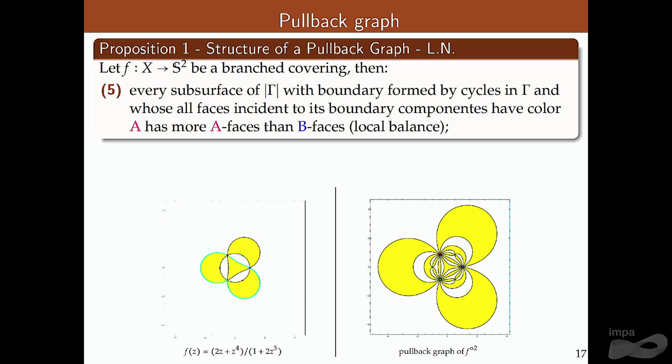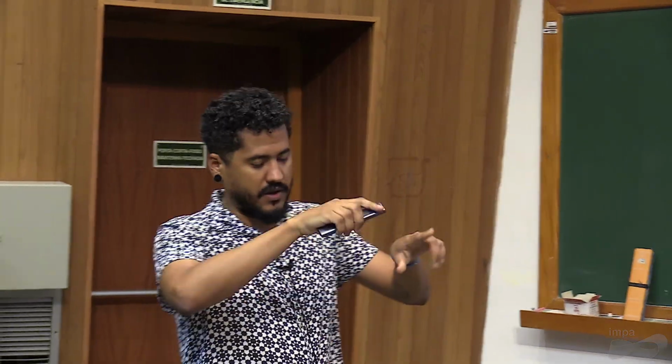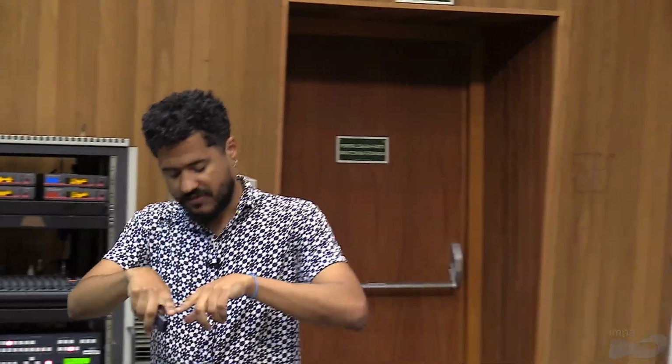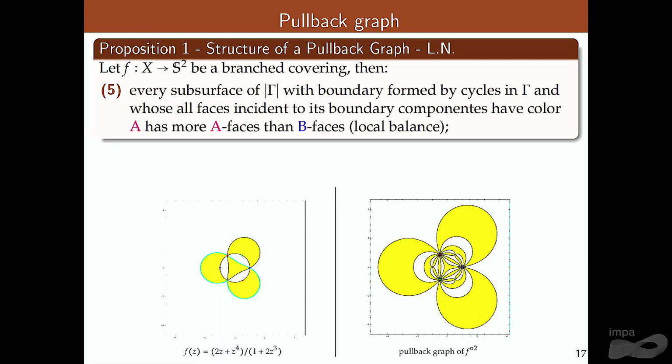And given a pullback graph, every subsurface bounded by cycles that, when you travel around it, have the preferred color, the A color, here the yellow one, on your left side, okay?